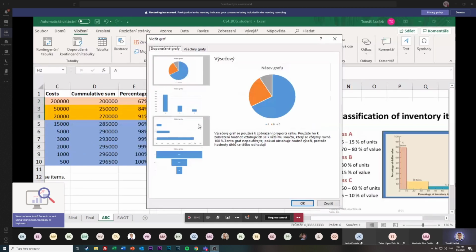And that's it. So now you can adapt the chart as you wish, the ABC. You can change the colors in an easy way. It's not a problem. To change the size, I mean the width of this, it's more complicated.